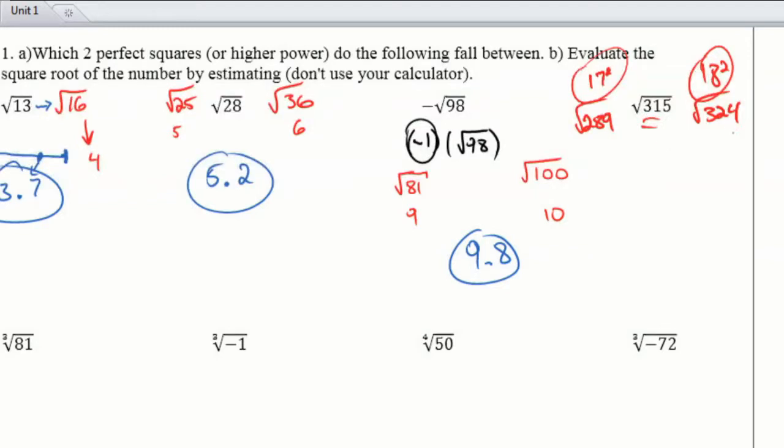So 289 is a long way away from 315. 324 is perhaps a little bit closer. So we're going to be somewhere in the 17 point. I don't know. Somebody put something in chat, I believe. 17 point 7 maybe, as a good estimate for that. If you had 17.8 or 17.6 or 17.9, those would all be fine. There's nothing wrong with that.